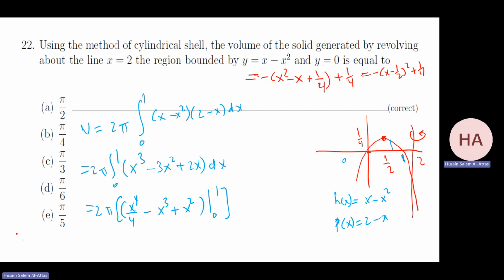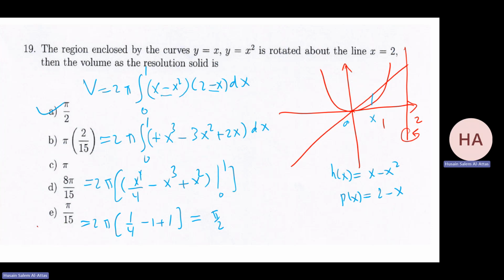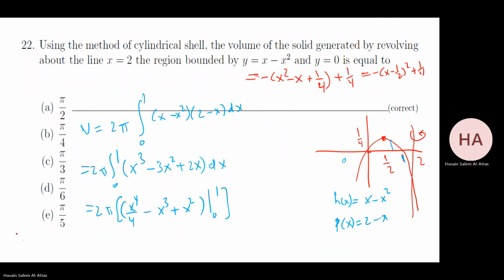I think I did it before. It's the integral of x cubed minus 3x squared plus 2x dx. Yeah, I did it before, but I said it in a different way. Let me continue. Very clear. 1/4 minus 1 plus 1, 0. So that will be pi over 2.